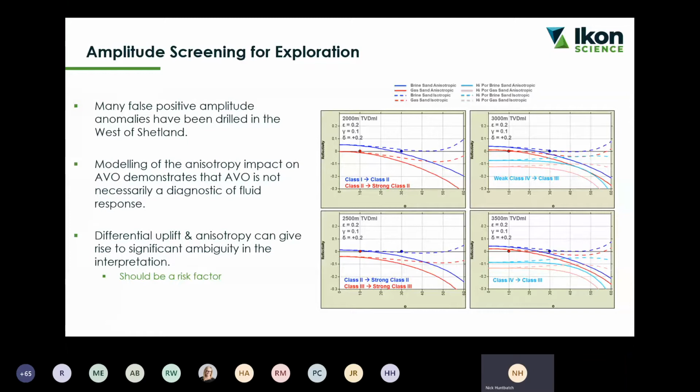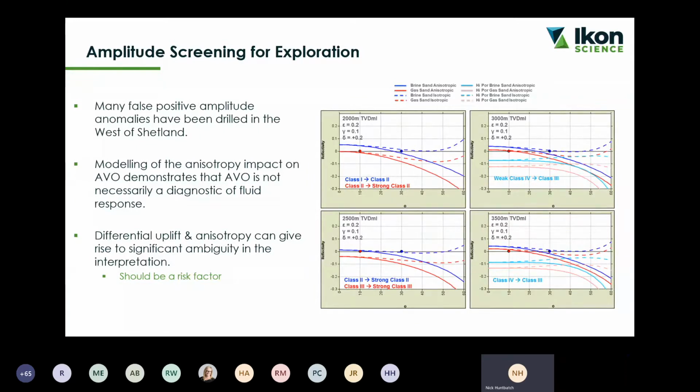The West of Shetlands, it's kind of well known for AVO failures, I suppose, for want of a better term. But that's for a number of different reasons, including undercompaction of brine-bearing sands, differential uplift, so where things have been uplifted from the deeper section into the shallower section where you don't expect them.